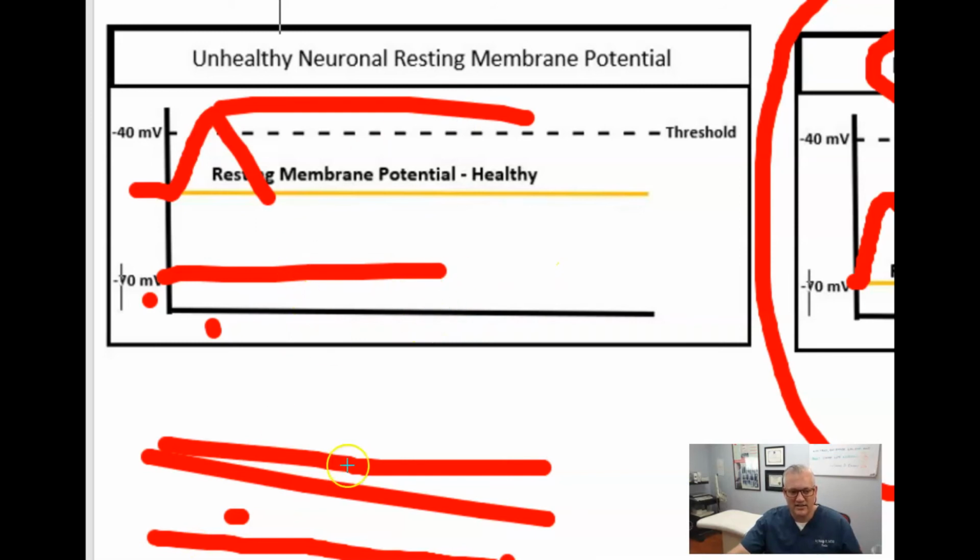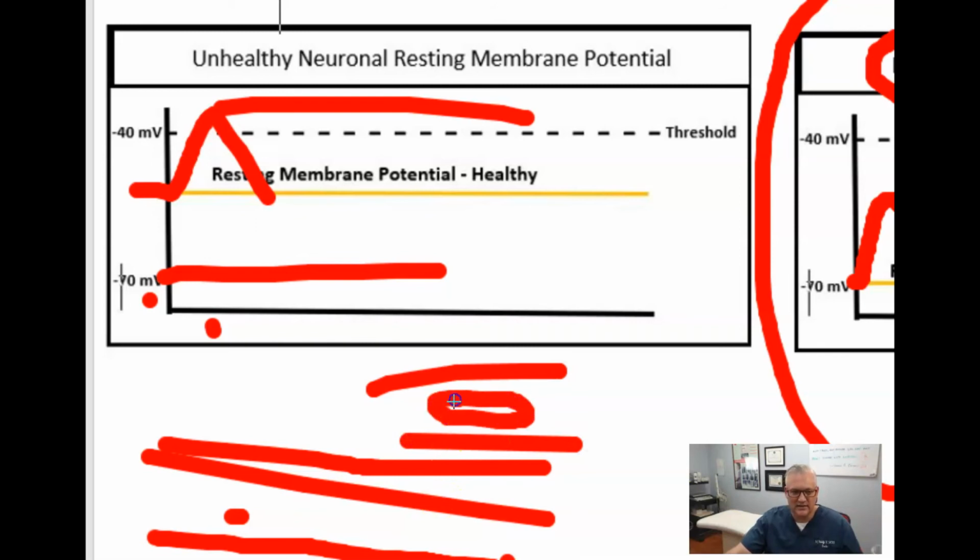Now, what causes the inside of the cell to be healthy? If you remember from biology or chemistry or biochem, there's something called mitochondria. What the mitochondria do is they drive the sodium potassium pump. Healthy mitochondria have a good system of keeping the inside negative.